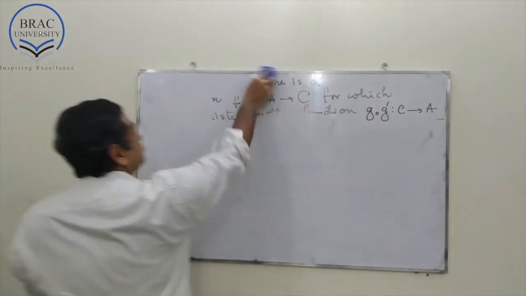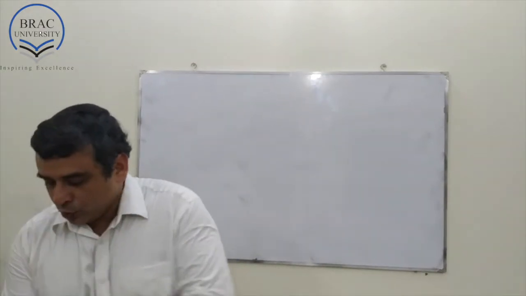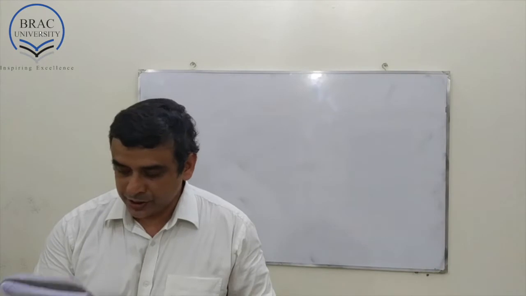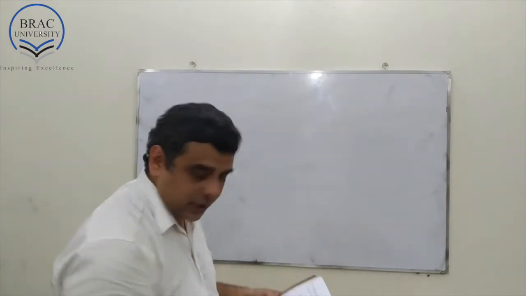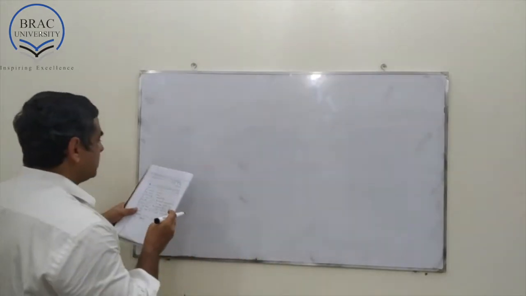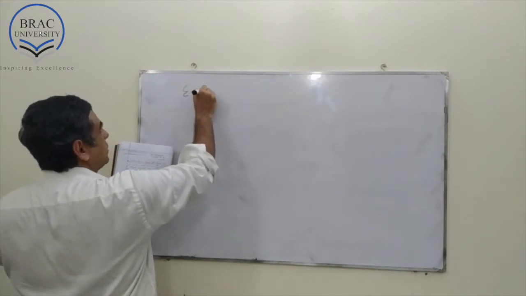Now we move on to the discussion. Before we move on to the discussion of the cardinality of finite sets, there were a few exercises that I wanted you to do. Let me write down the exercises.